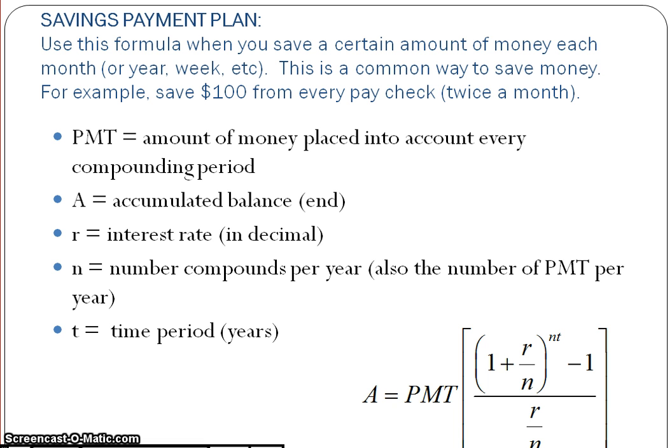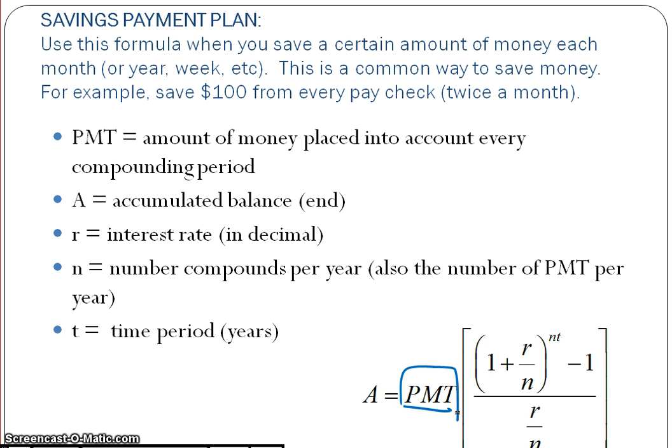Okay, so here's the more realistic savings plan formula. This is when you want to put away a certain amount of money each month or each paycheck or every year or something. This is how the normal population saves money. So we have our PMT. That's the amount of money placed into your account every compounding period.